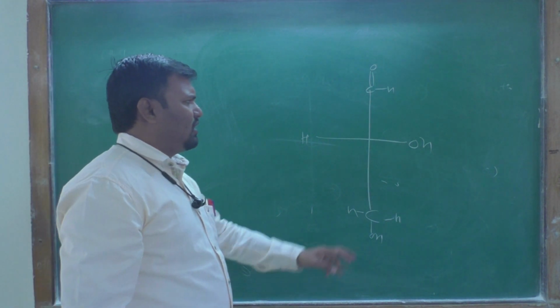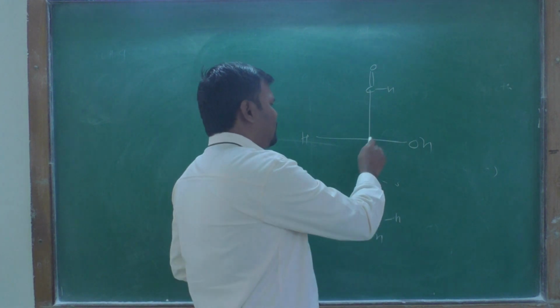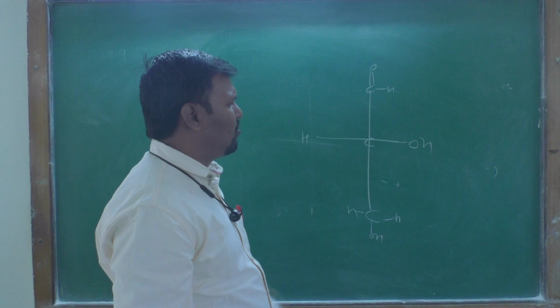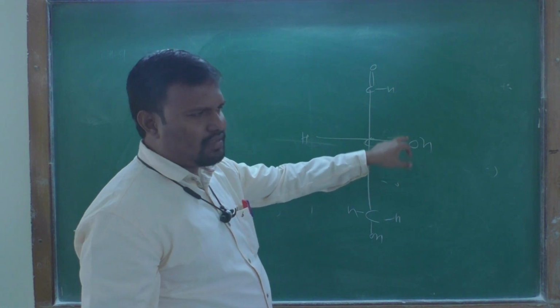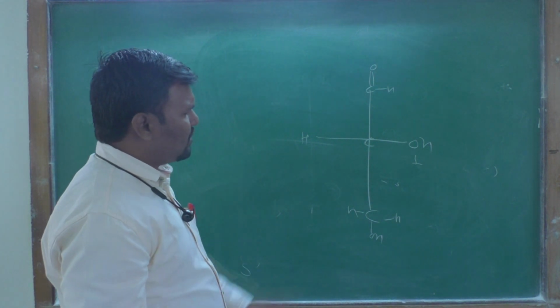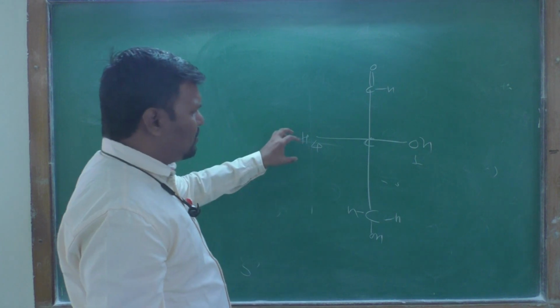In this case, you find that 2 carbons, the attachments of the chiral carbon, are the same. No doubt oxygen, with the higher atomic number, has priority 1. Hydrogen, with the least atomic number, is priority 4.